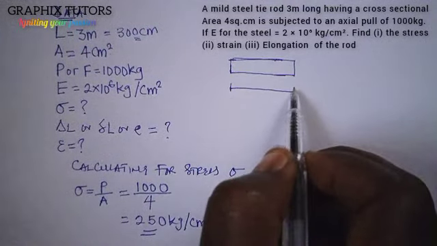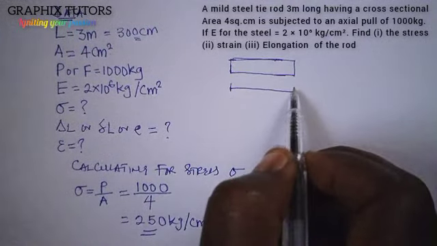Now we'll move forward. The next thing we are to calculate, if you look at the top right corner, is the strain, which is given by this symbol here.